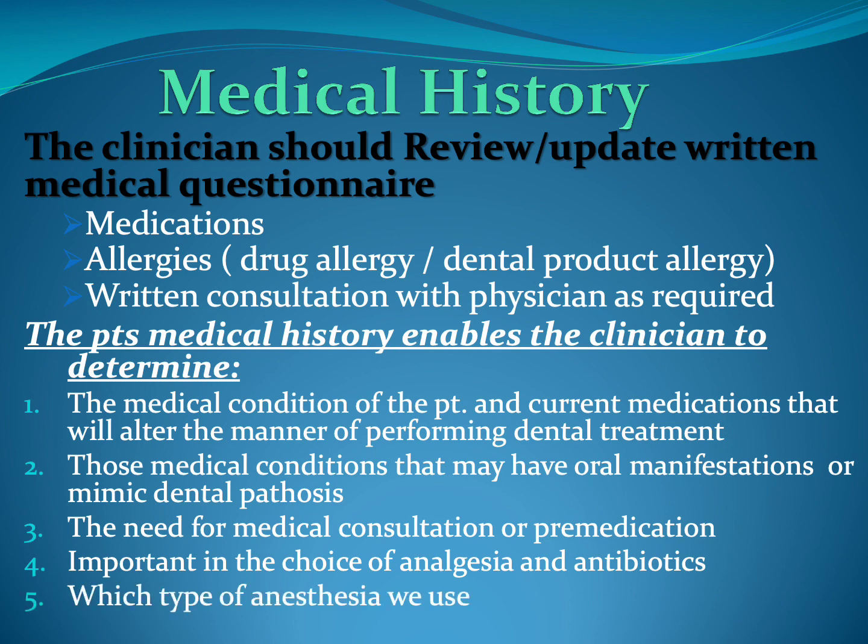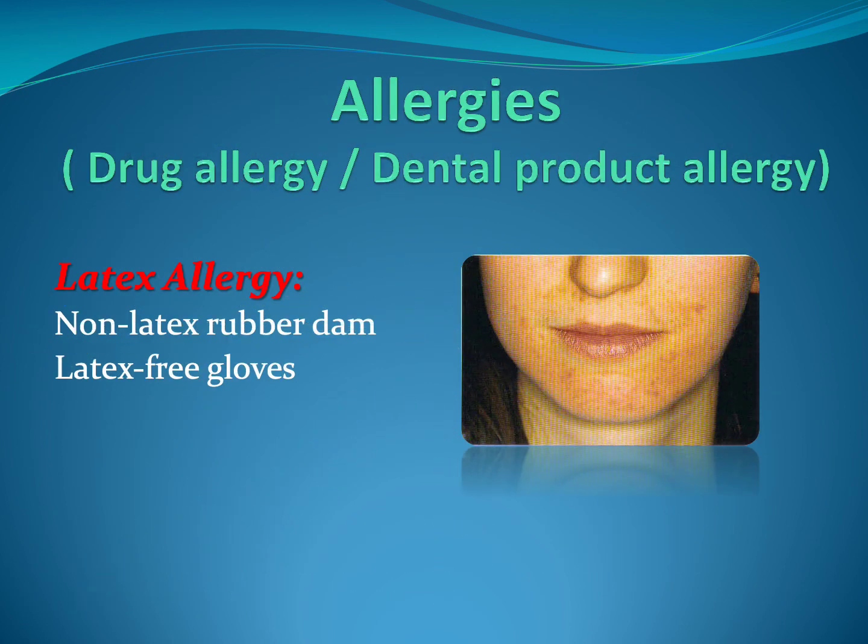It's very important to choose the analgesic or antibiotic we give to the patient if he's taking other drugs or treatment, because they may interact with each other, and also to select the anesthesia we use. Allergy: some patients have a latex allergy from our gloves.